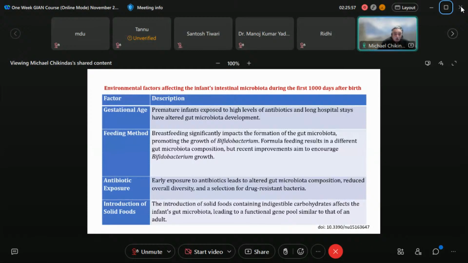So whenever solid food is introduced, it's most definitely a point of no return, if you wish, when the transition is going on not only in feeding and body development, but also in the microbiota, converting from the baby to the adult stage.